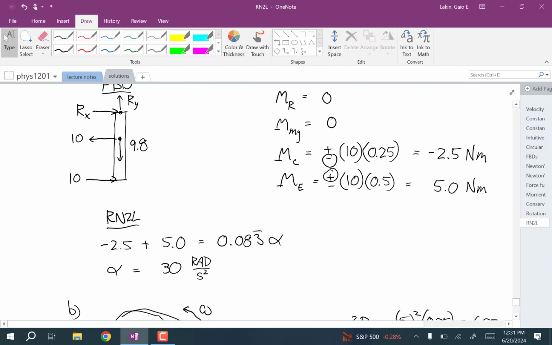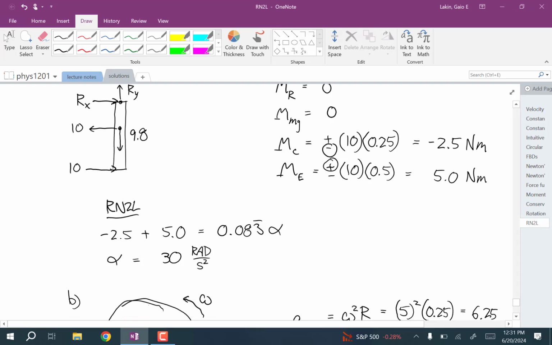I'm going to use the same free body diagram here, and so we're going to add up these forces. Anything in the i direction, we're going to have separate in the i part, and anything in the y direction or negative y direction, we're going to have separately in the y part.